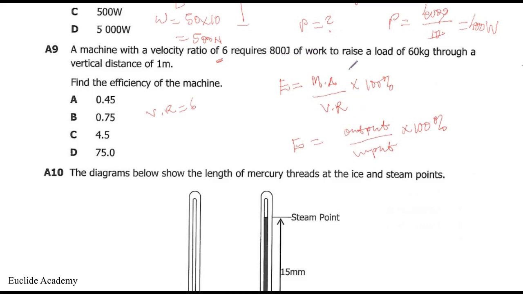So the input is 800 joules to raise a load. The output is going to raise a load of 60 kilograms through a vertical distance of 1 meter.